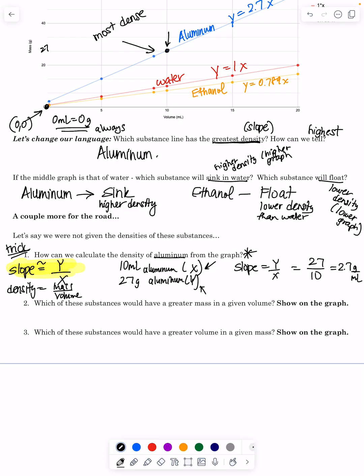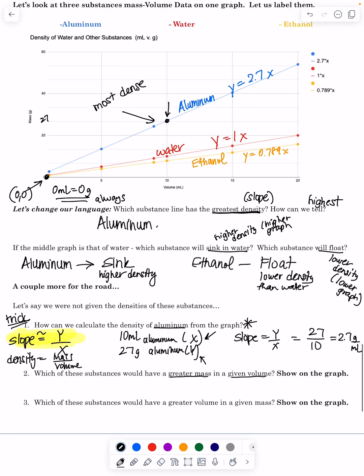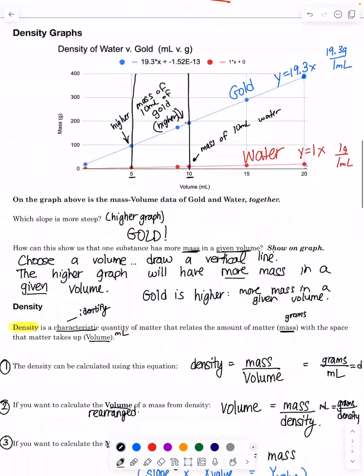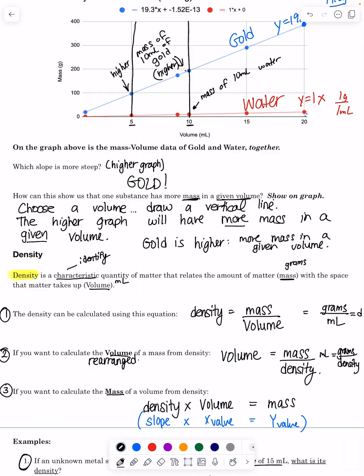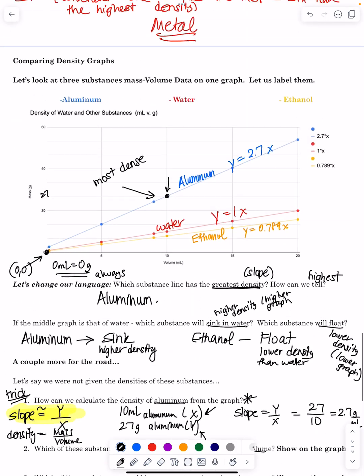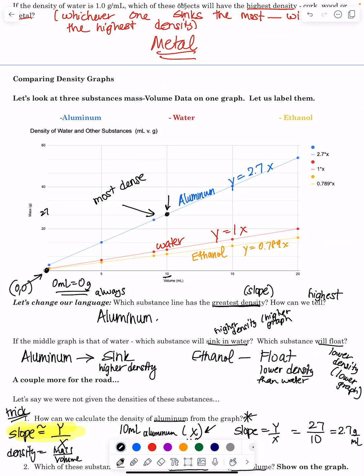Which of these substances would have the greater mass in a given volume? Just like in our previous notes, we want to choose a volume and draw a vertical line. So I'm going to go back now. Choose a volume. Let's choose 10 and draw a vertical line.